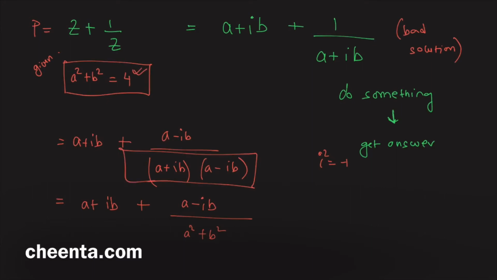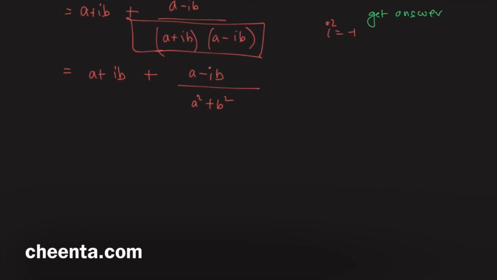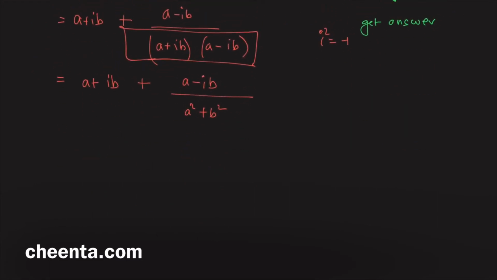We know this already. So let's do this. This is equal to a plus ib plus a minus ib by 4. Now let's keep together the real parts. a plus a by 4 plus ib minus ib by 4.